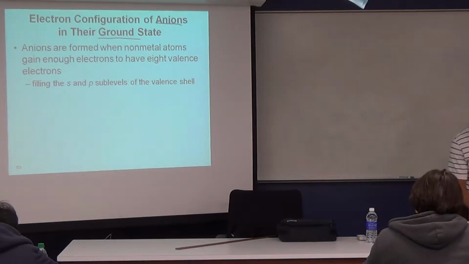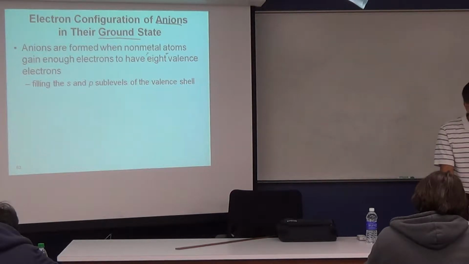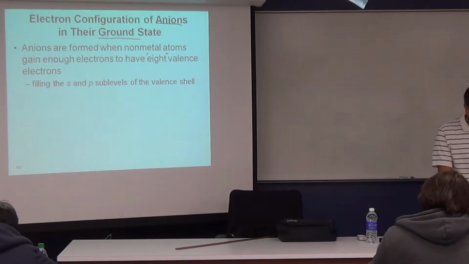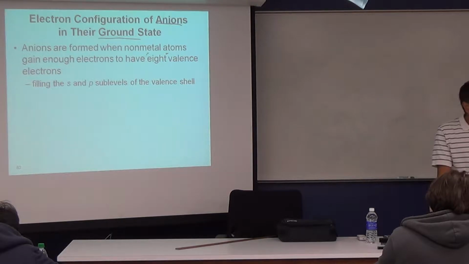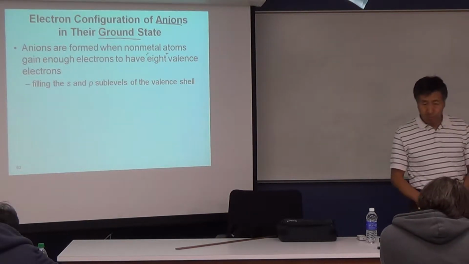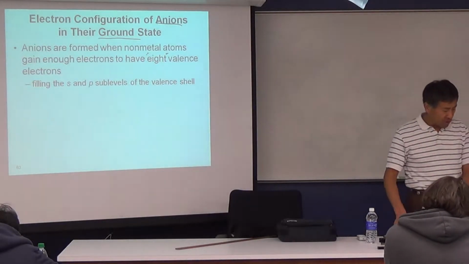This 8 is not really precise, and the precise version you already saw on the last slide: the configuration of the noble gas. So whether they have 8 or 2 depends on their nearest noble gas.